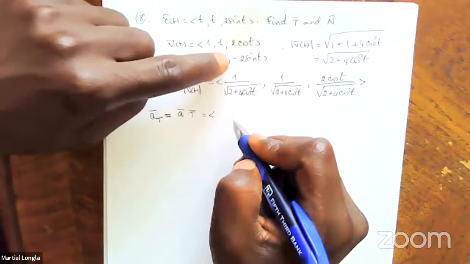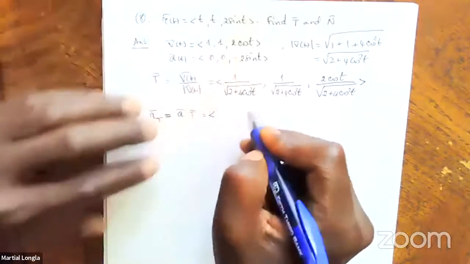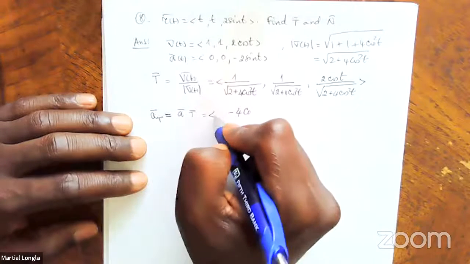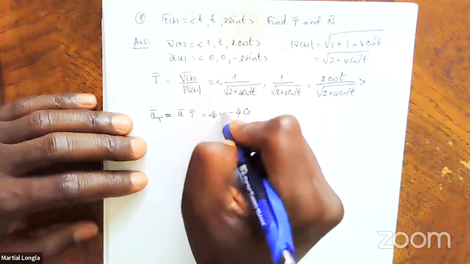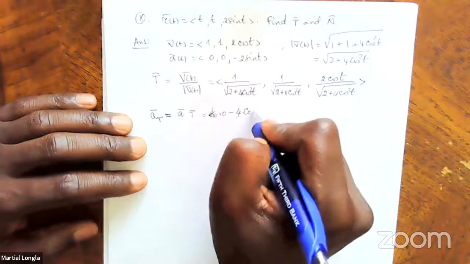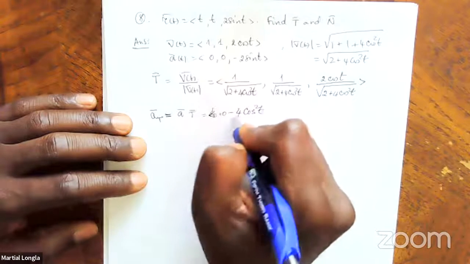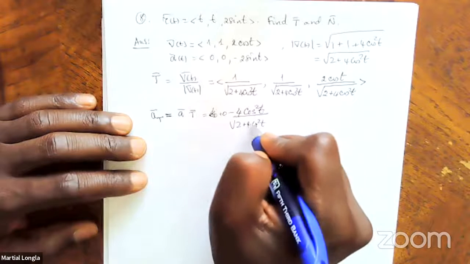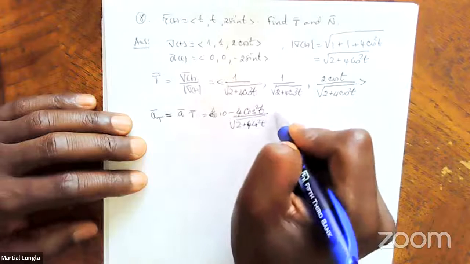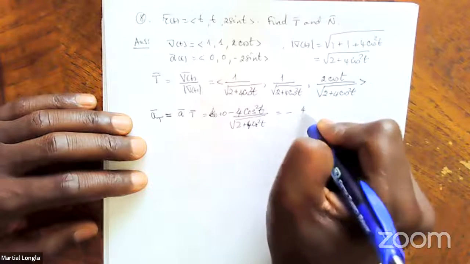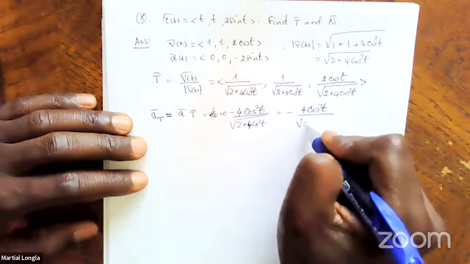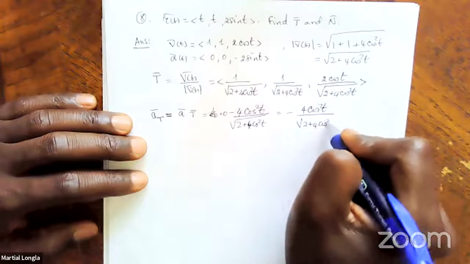Dot, that's 0 plus 0 minus 4 cosine squared t over root 2 plus 4 cosine squared t. So that's the answer, negative 4 cosine squared t over root 2 plus 4 cosine squared t.